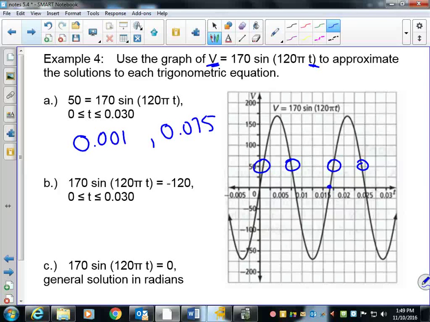So this is going to be 0.0175, and then right here 0.024, right? Could you do B? I'm going to give you time to try B and see if you can come up with that.